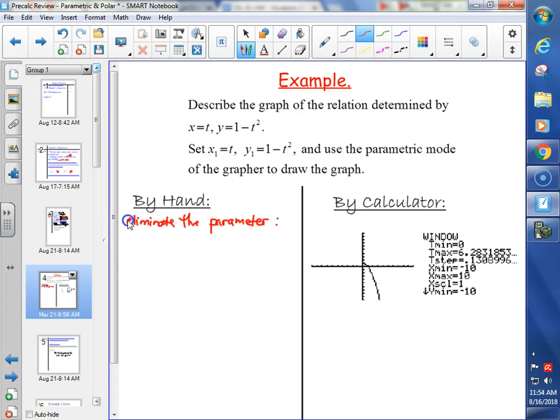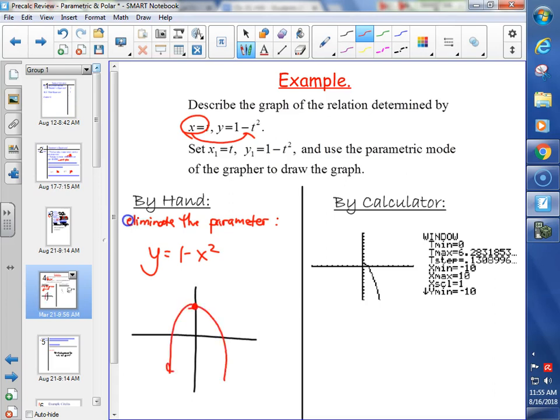Well, t is already equal to x. That's super easy. So we're really just dealing with y equals 1 minus x squared. That's the path. If we were just in function mode, eliminating the parameter and ignoring t altogether, we'd say, no big deal, it's a parabola shifted up 1, going down.